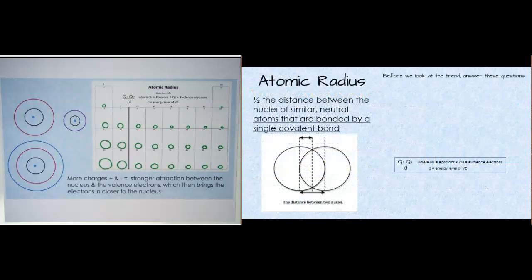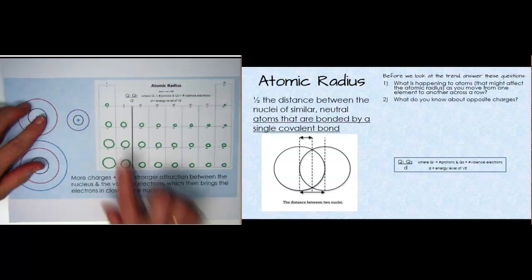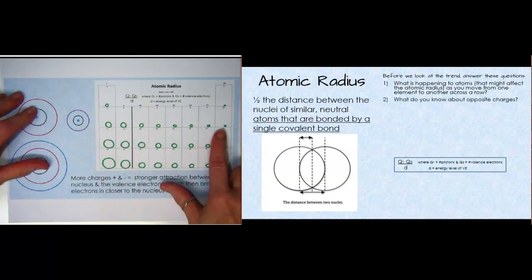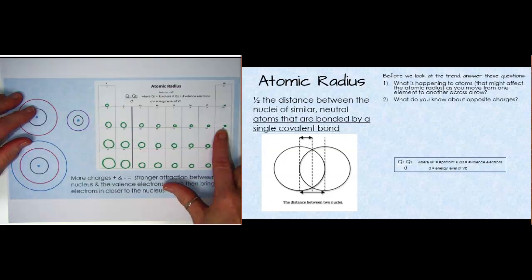All right, so we went through this, or at least some of us went through this page as far as atomic radius. What I need to do is spend just a little bit of time to make sure that all of you guys see this. I've rearranged it a little bit, but as you look over here in this drawing, we know that as I go from lithium all the way over to neon, what's happening is we are adding protons and we're adding electrons.